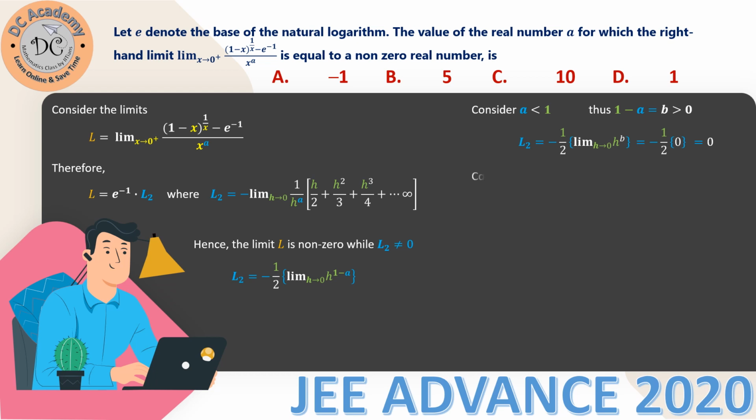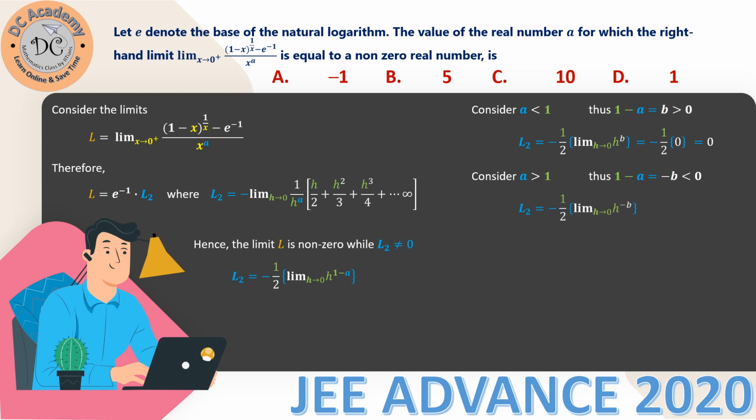Now we consider the other case, a greater than 1. In that case, 1 minus a will be less than 0, so we consider it as a negative number, minus b, where b is greater than 0.